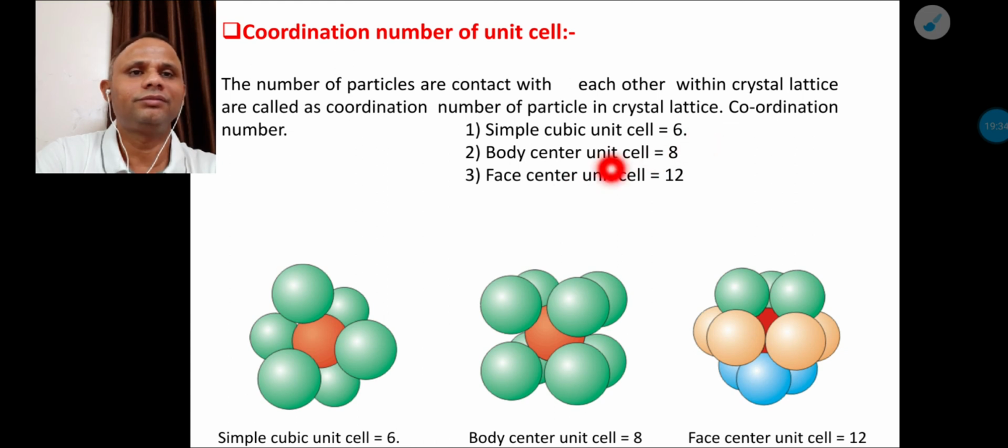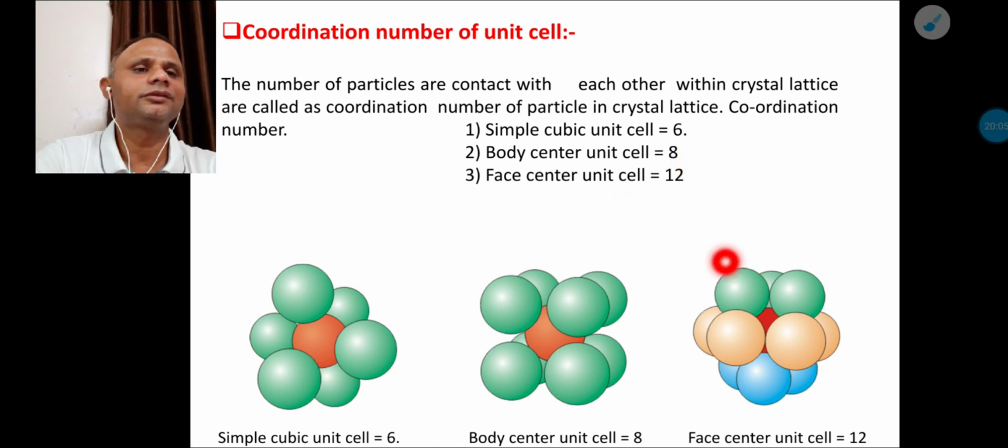If you consider the second unit cell, the body center unit cell, that means BCC, a non-primitive unit cell, then for the coordination of this atom in BCC it will be 8. That means these 4 atoms and these 4 atoms are directly in contact with this atom. That's why the coordination number for the BCC unit cell, or body center unit cell, will be 8.